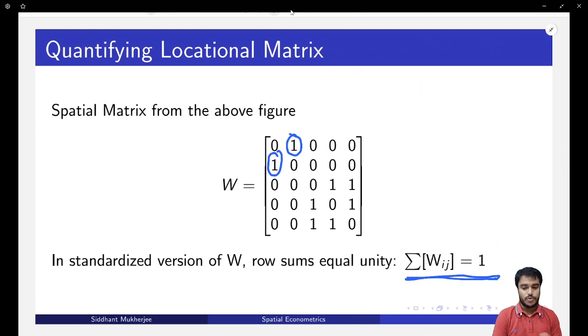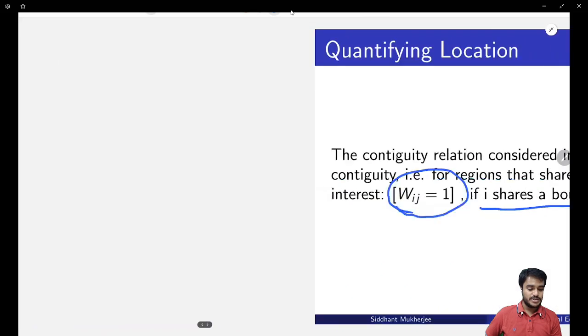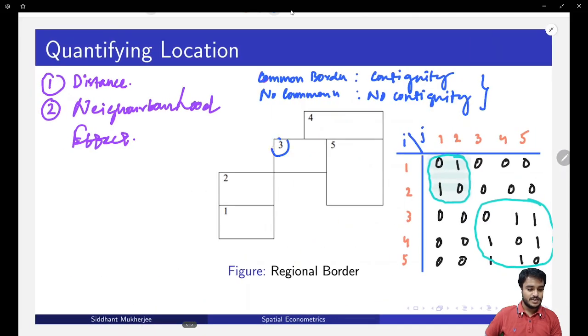Right. To make the parameters bounded, we need the standardized weight matrix. Now we see that the contiguity relationship is kind of symmetric, right? So how does this process work when wij is equal to 1? W equals the matrix 0 1 0 0 0, 1 0 0 0 0, and so on, with 0.5 and 0.5. Look at the picture: this is 3, this is 5, this is 4.